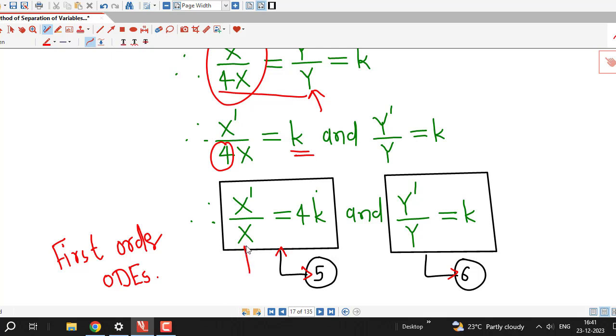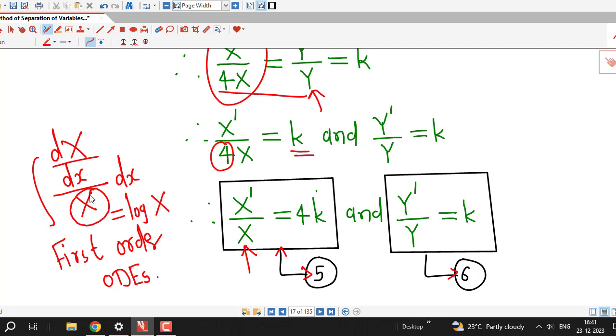For equation number 5, the independent variable is small x, and we can observe that we have the derivative of X in the numerator and the function X in the denominator. So this is going to be log of the denominator. We are using the formula that if we have some function f of x in the denominator and its derivative in the numerator, then the integral is log of the function in the denominator.